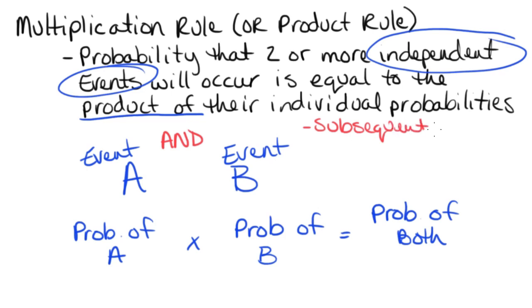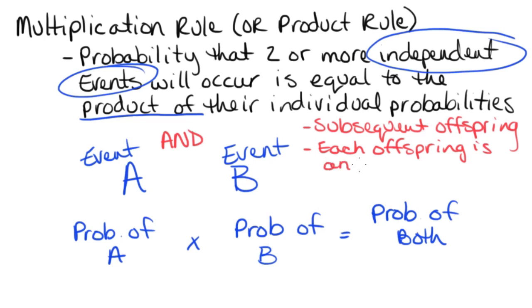What we mean by subsequent offspring is that the first child does not impact what the next child is going to be, or the genotype or phenotype of the first child doesn't affect the next. So each offspring is an independent event. And we are talking about independent events here.